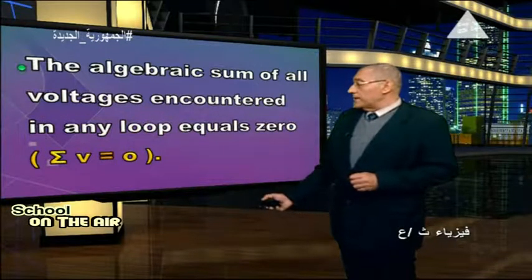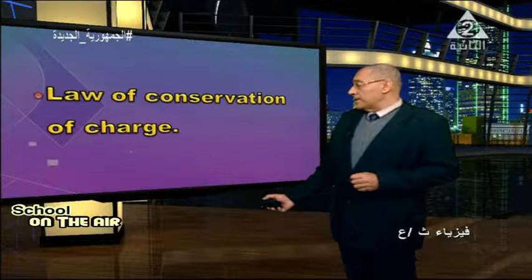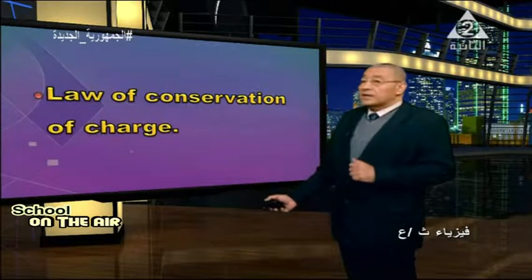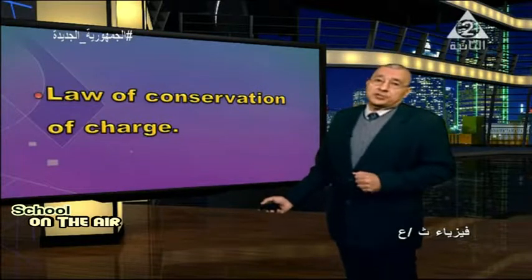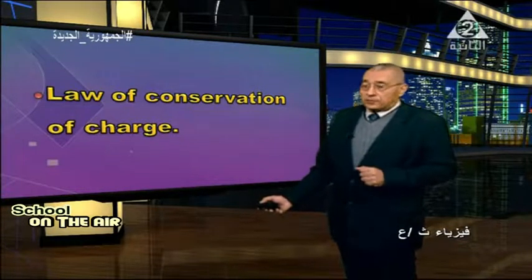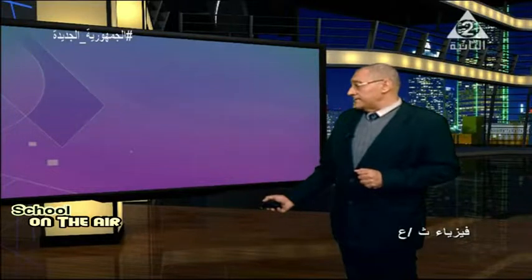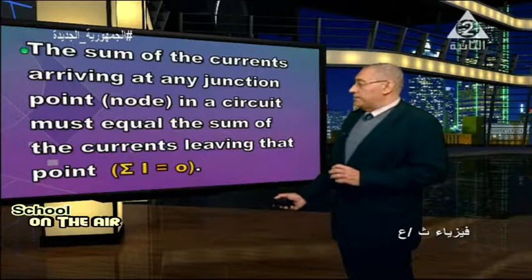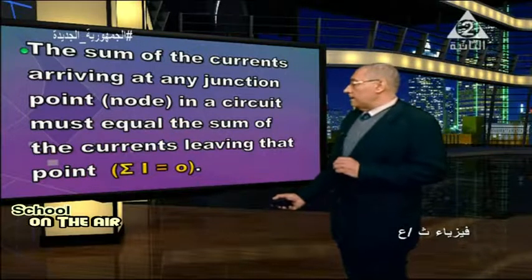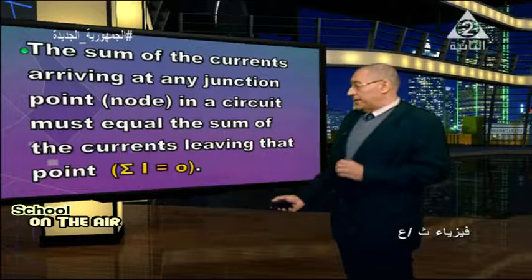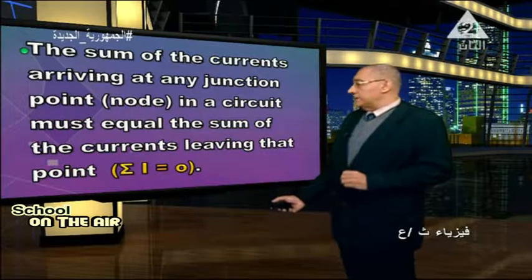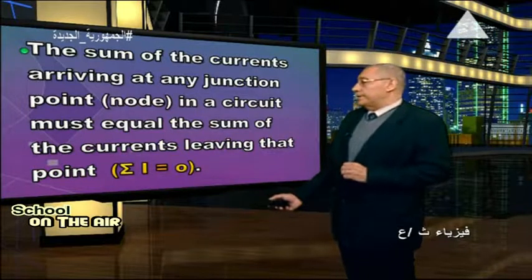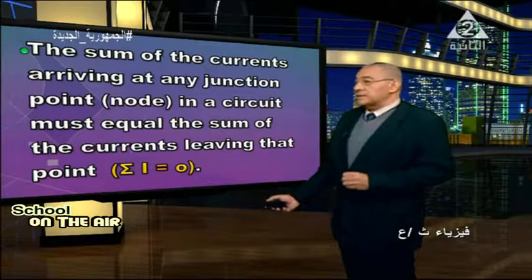What about the relation that expresses law of conservation of charge? It is the first law. It says the sum of the currents arriving at any junction, any point, any node in a circuit must equal the sum of the currents leaving that point, or sum of currents equals 0.